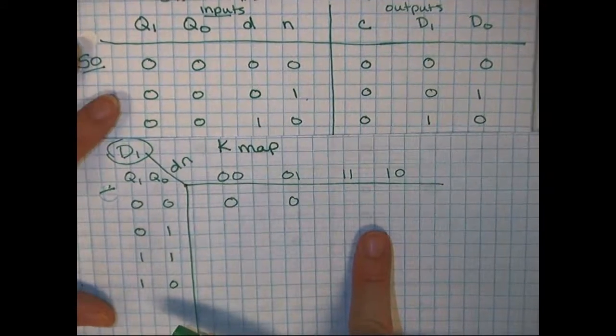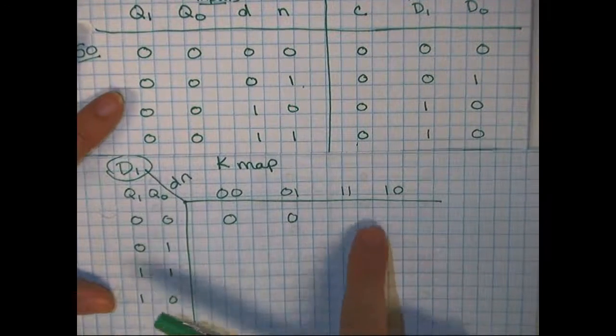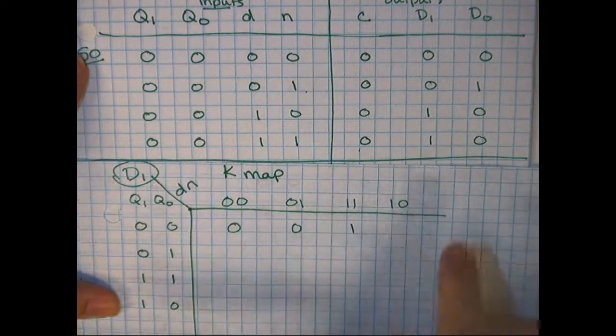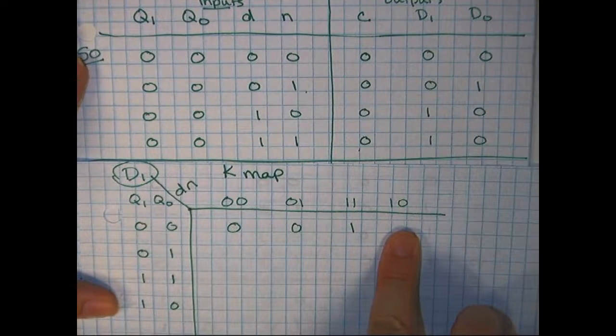Now this one, is this the next row down? No, it's the last row. And what is D1? 1. And this one, what is D1? Also 1.